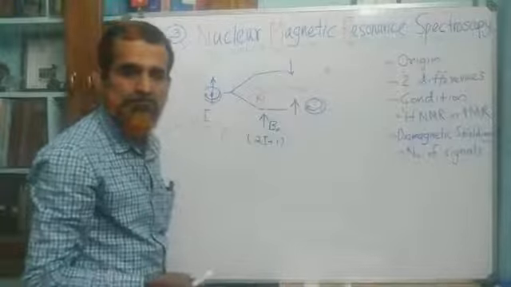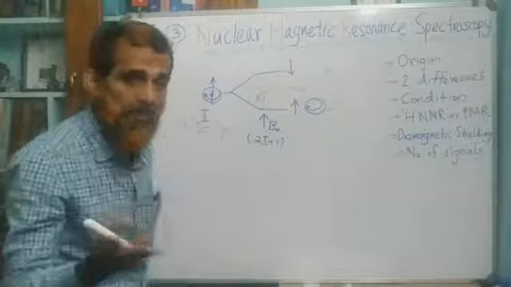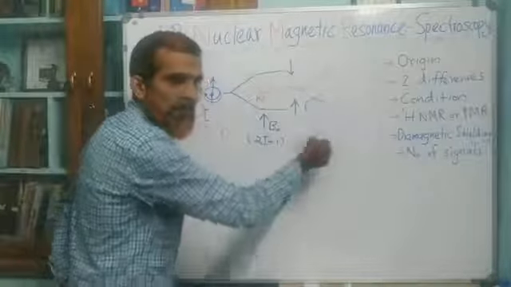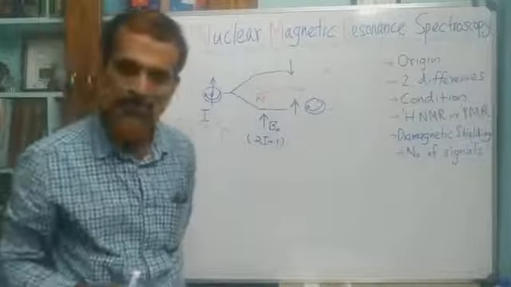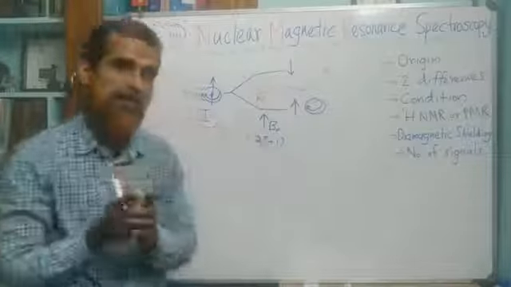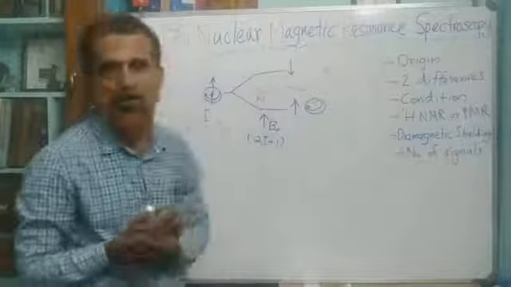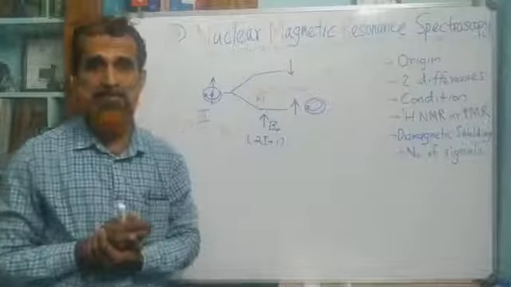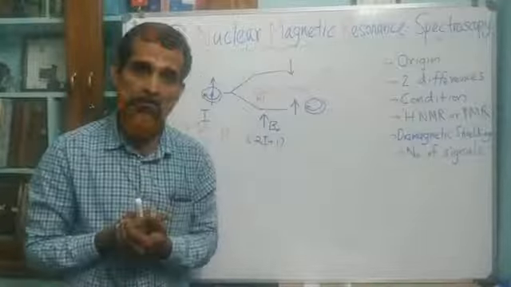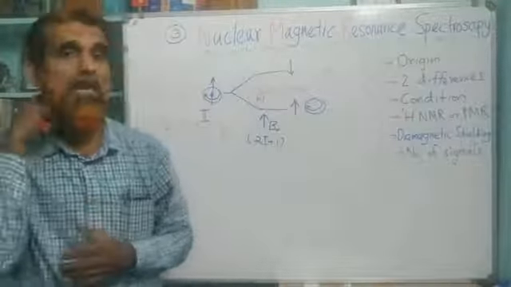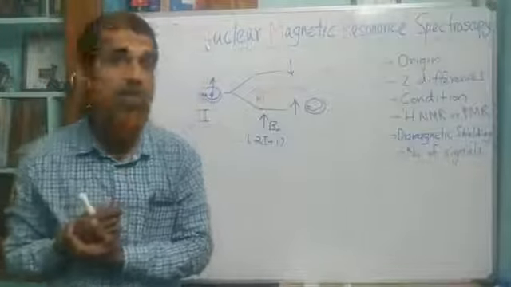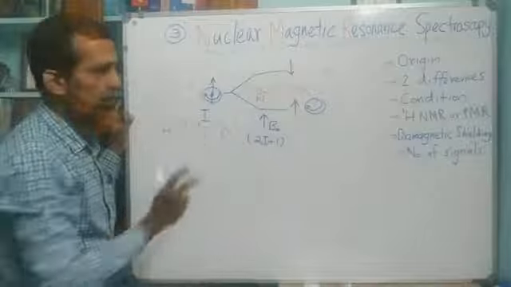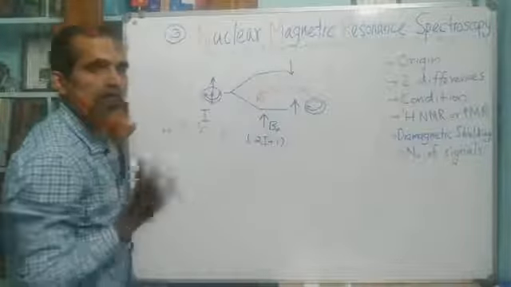The second difference is that the transition is induced, meaning we need an applied magnetic field for this to take place. We need to keep an applied external magnetic field for NMR, which is very costly, creating a powerful electromagnet, which requires very low temperature. That's why the NMR spectrometer is a very costly item. So this is NMR, the basic principle, the origin of NMR spectroscopy.